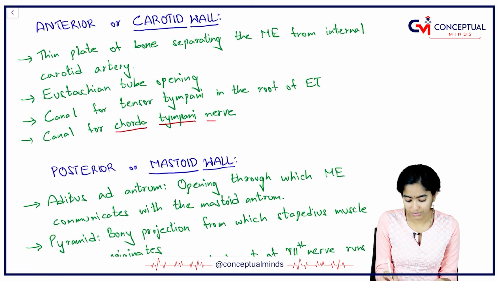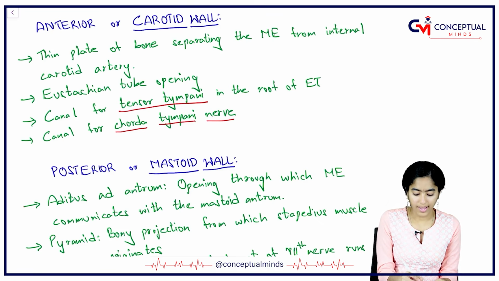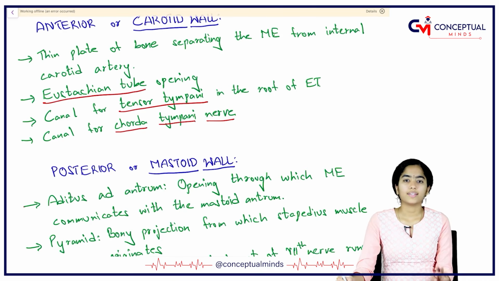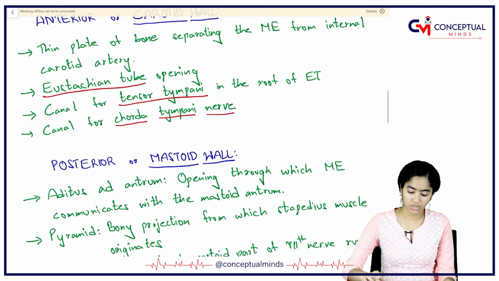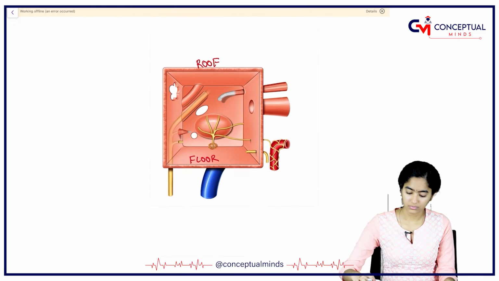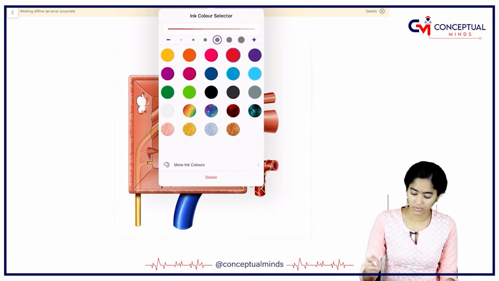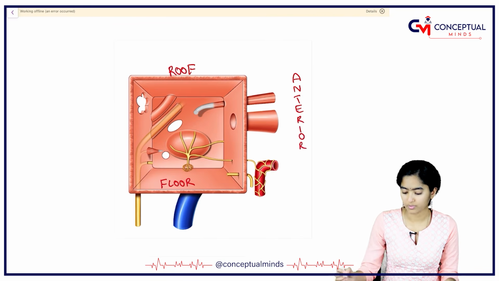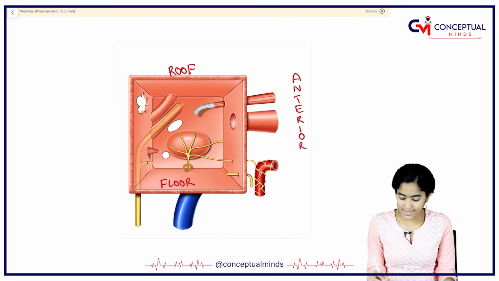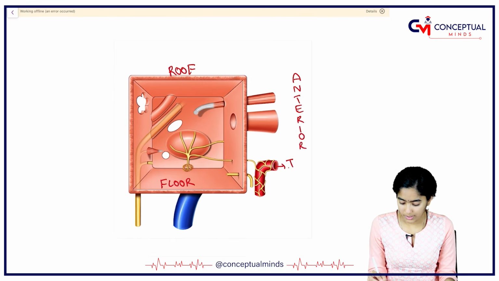Chorda tympani nerve, tensor tympani and eustachian tube opening. These are the 3 important structures. Let us look at the picture now. This is the anterior wall. This is the internal carotid artery.